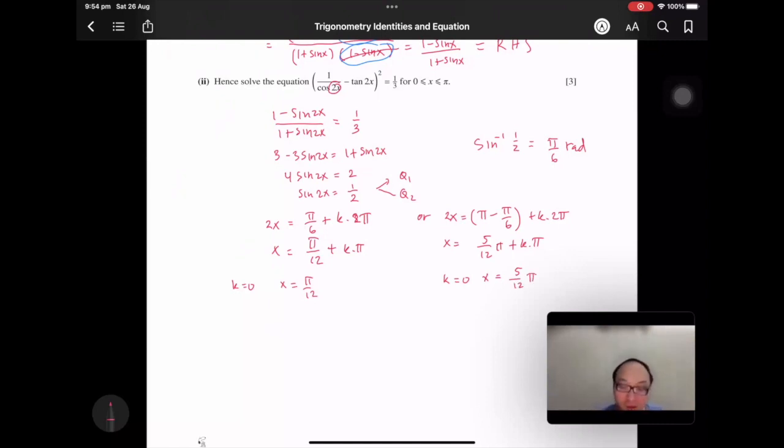If we put k equals 1, it will be more than 1 pi, so we cannot add the period in this solution. So we only have two solutions in the given region.